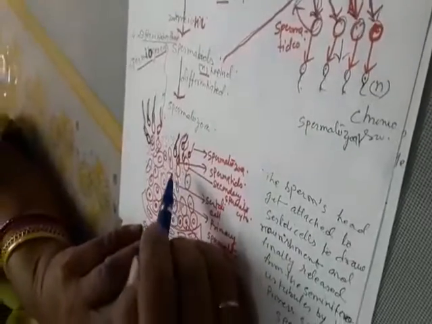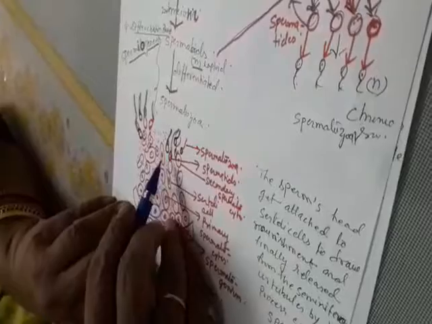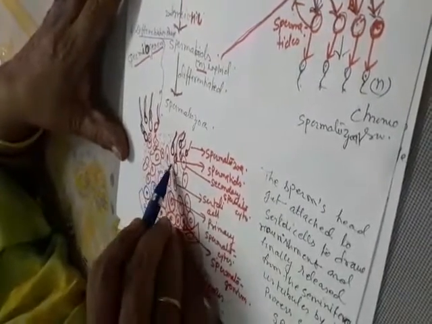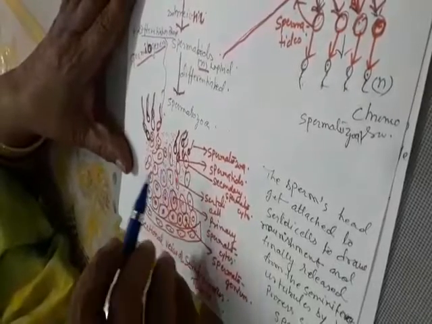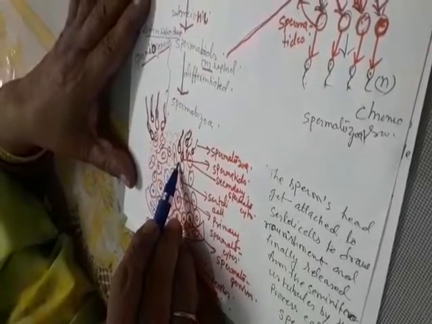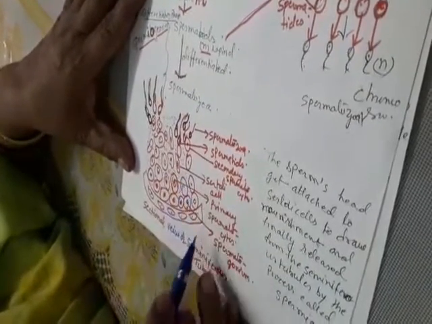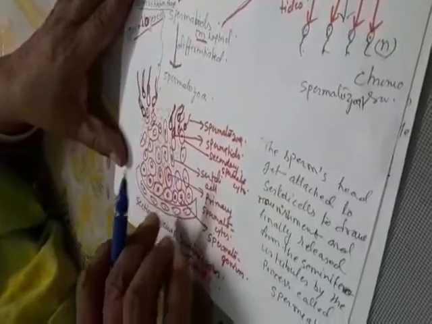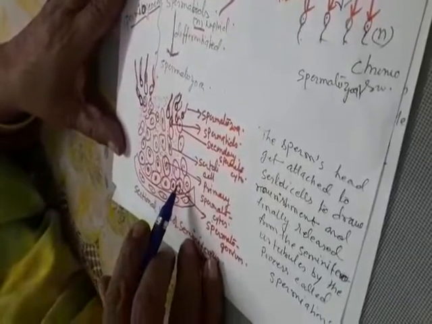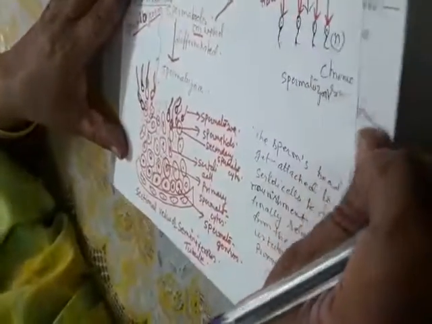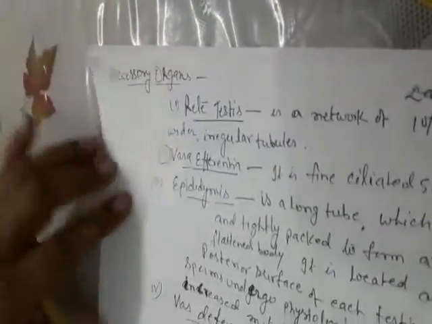The spermatozoa are embedded in the Sertoli cells, where they get nourishment, and are finally released into the seminiferous tubule. This process is known as spermiation. So now we will discuss the accessory parts and accessory organs of the male reproductive system.